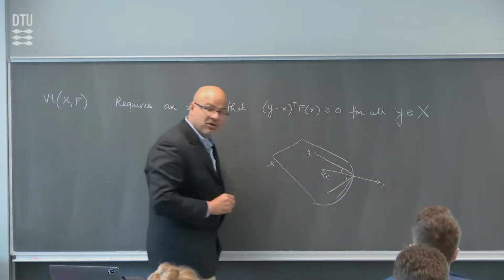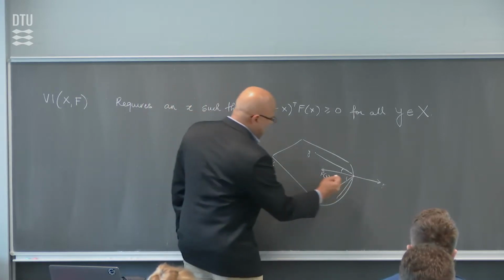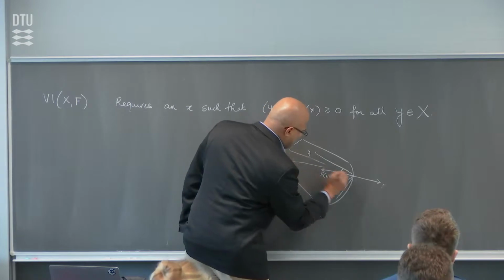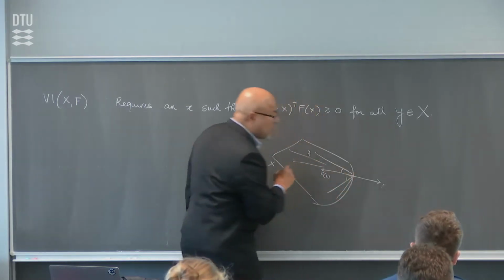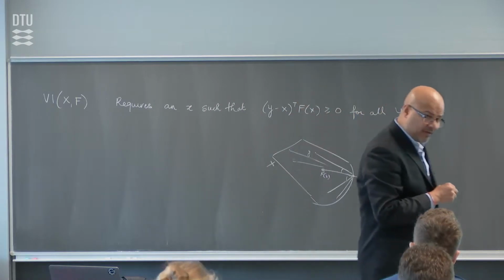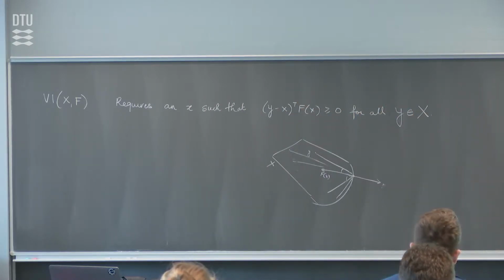You're looking for an X such that if you pick any vector Y in the set and consider the angle between Y minus X and the vector F of X, that angle is acute.